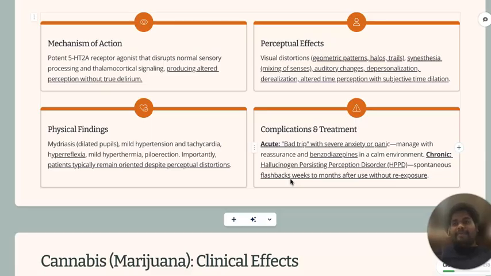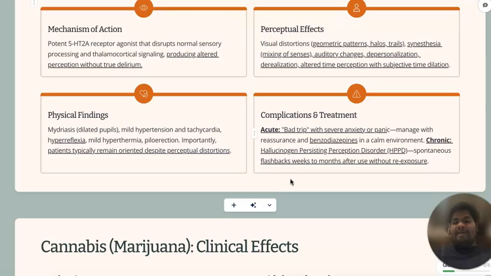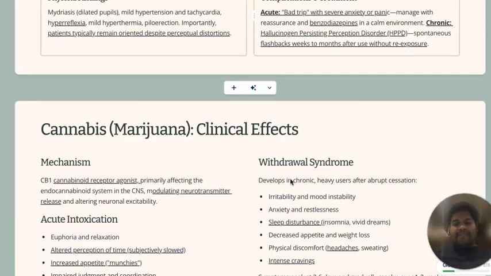So the person will be taking LSD for, let's say, 6 months, and then all of a sudden he has stopped taking LSD, but still after the 8th or 9th month he will develop hallucinogen persisting perception disorder. That means he'll have spontaneous flashbacks of everything, this visual distortion and everything, and that we call hallucinogen persisting perception disorder. So that's another complication of taking LSD.